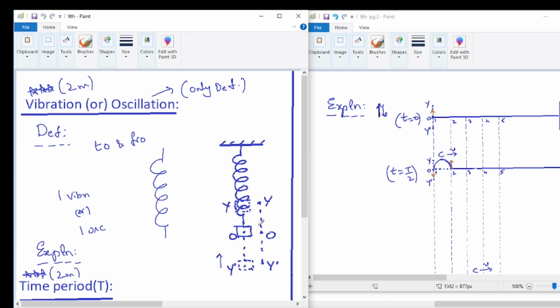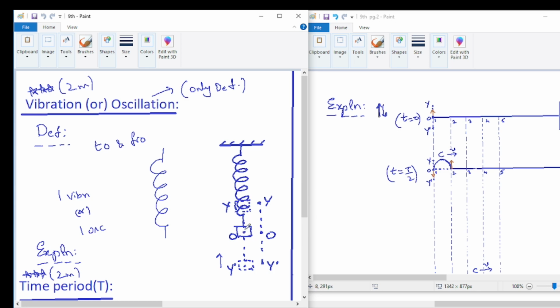Now just observe here, this is the mean position. Consider the same thing again. As it is going upwards, from the mean position it goes to the top extreme position, and from there again it goes down back to the mean position.